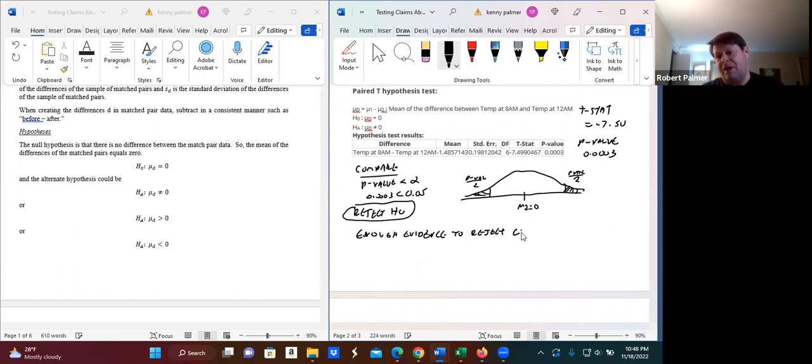Enough evidence to reject the claim that the mean difference in body temperatures from 8 a.m. to 12 p.m. is 0.